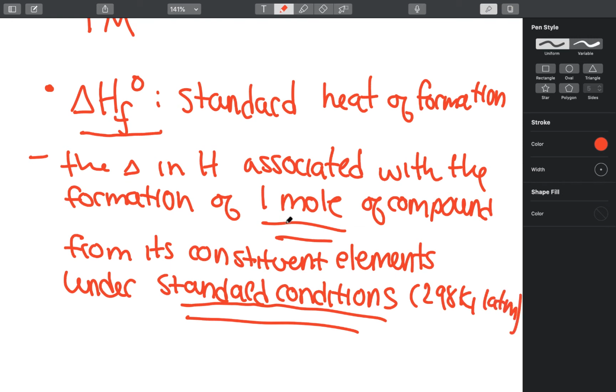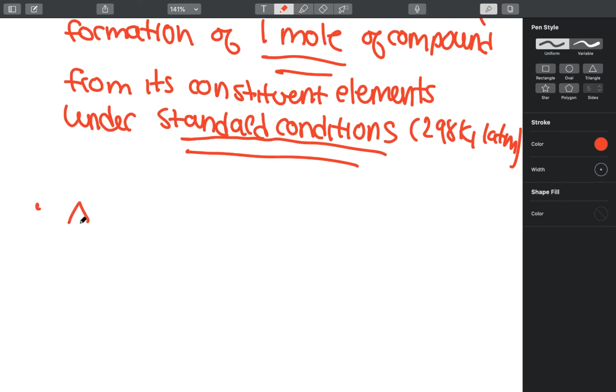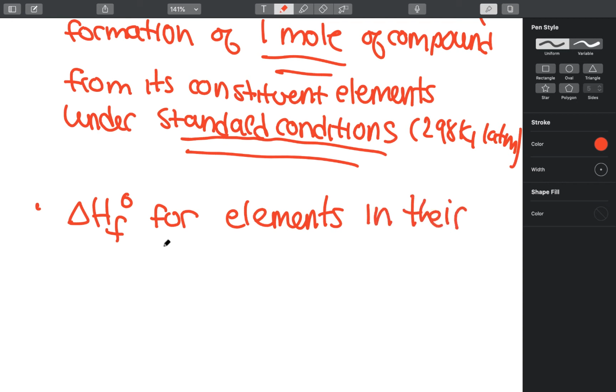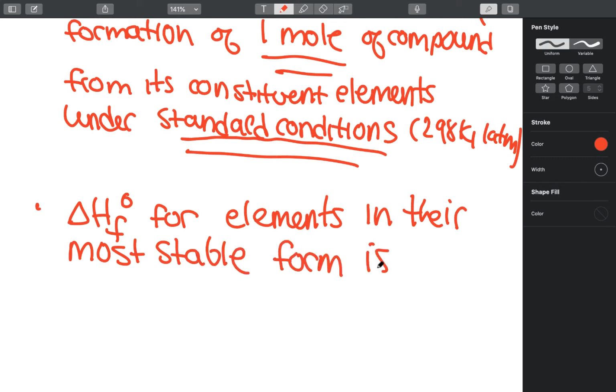Now, it's important to note that the values for the standard heat of formation can usually be found in a textbook in the back of the book, and if it's on an exam, they should give it to you as well. However, one important thing to note is that the standard heat of formation for elements in their most stable form is 0 kilojoules per mole.